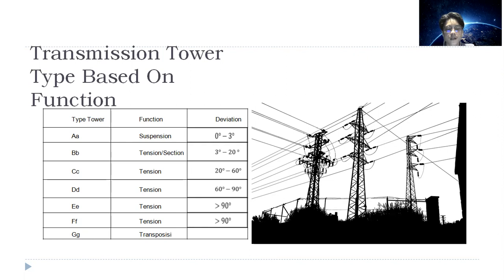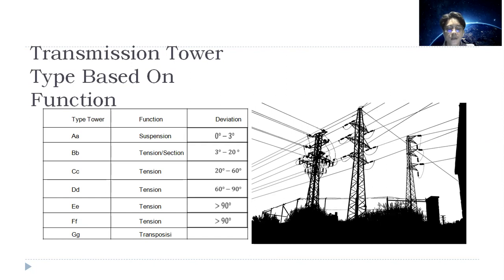The transmission line goes as per available corridors due to the unavailability of a shortest distance track. The transmission line has to deviate from its trackway when an obstruction comes. In the total length of a transmission line, there may be several deviation points. According to the angle of deviation, there are four types of transmission tower.